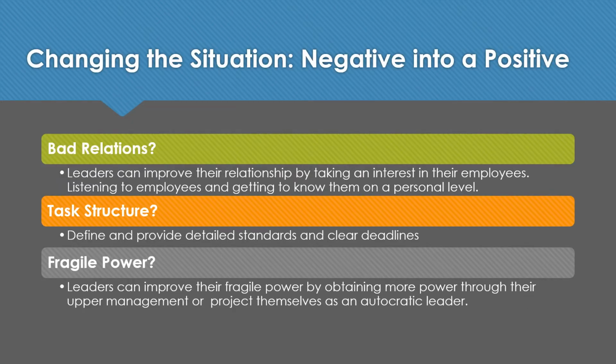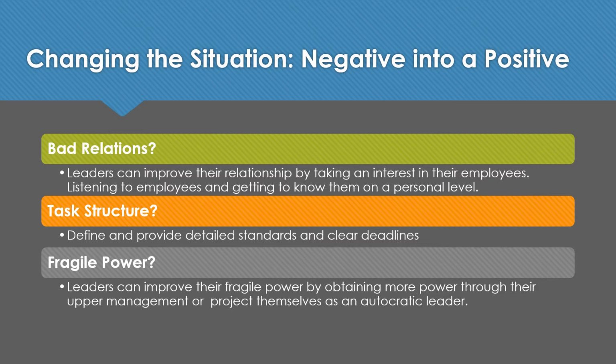The contingency model helps leaders to improve their weaknesses by identifying them and then suggesting what can be done to strengthen them. For example, if a leader has bad relationships, he or she can improve this by taking interest in their employees, by listening and interacting with employees in order to get to know them as a person on a personal level.